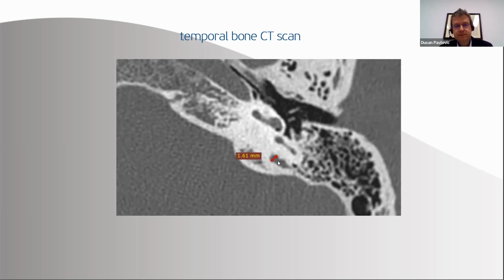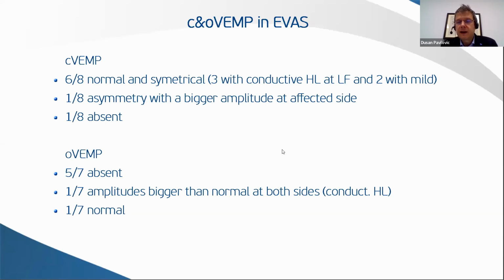And we know that in cases with pretty good hearing until adulthood, we can expect deterioration of the hearing, especially after head trauma, which in this particular patient was the trigger for deteriorating hearing on that side. And I pulled out from my database 10 patients with enlarged vestibular aqueduct.